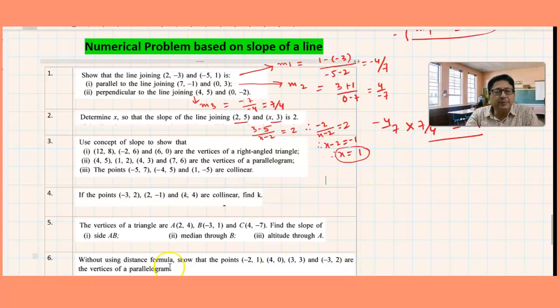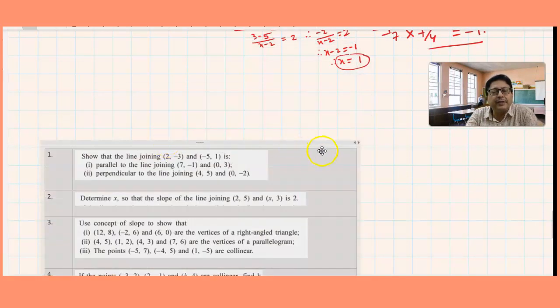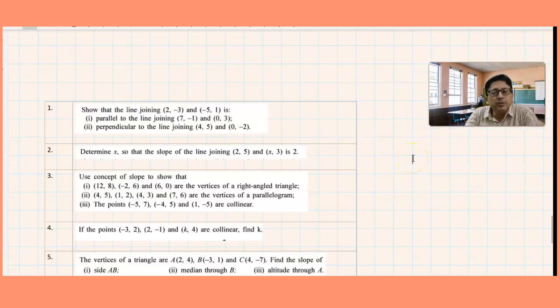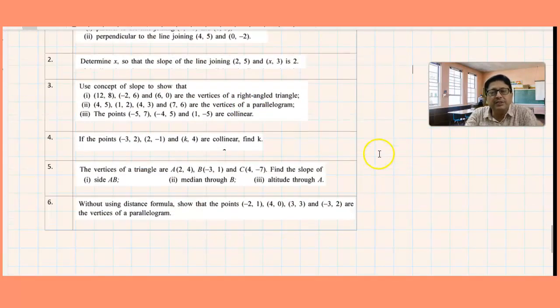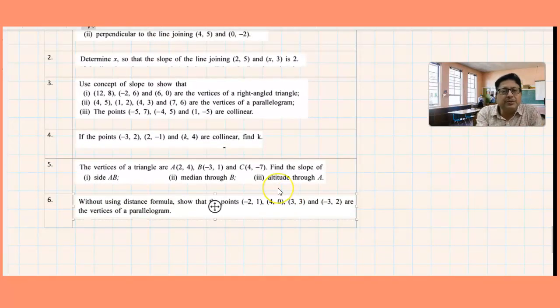To prove this kind of problem, whether they are vertices of a right angle triangle, three vertices are given, you find the slope of any side in pairs, and from there you can get it quickly. Let us find the slope of, to prove number 3, we are going to find the slope of the line segment joining this point and this point.